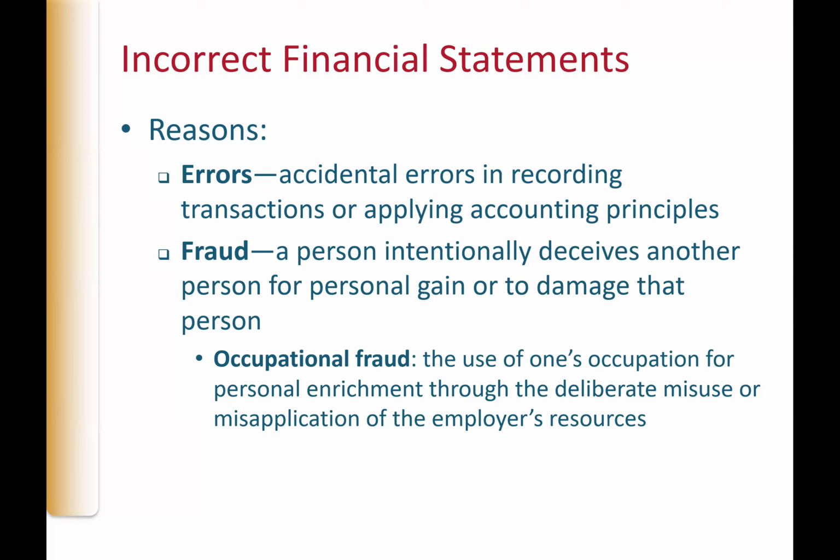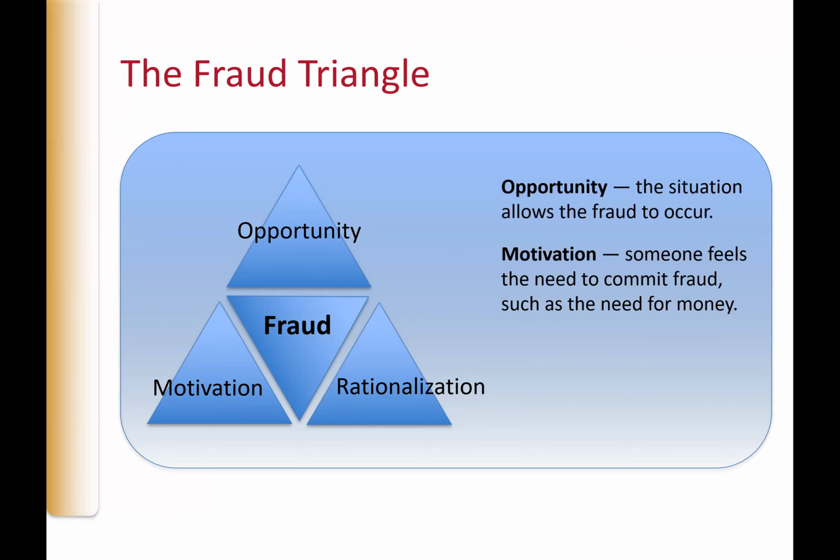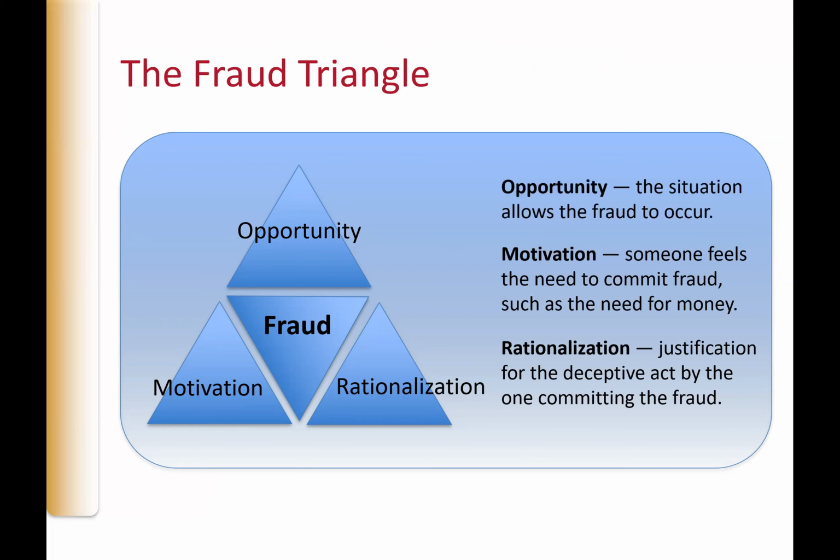Fraud is something companies can and need to be able to control. And the way they can stop it is through internal controls. So if you've ever heard of the fraud triangle, basically, for fraud to occur, there must be 3 elements.